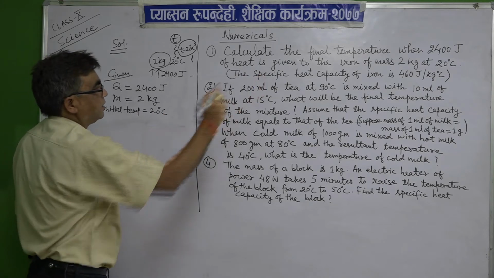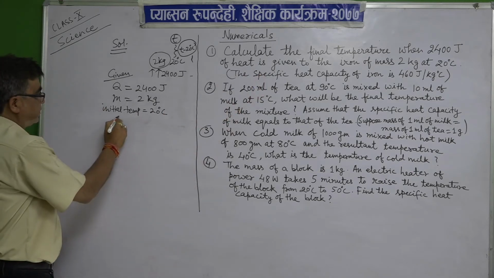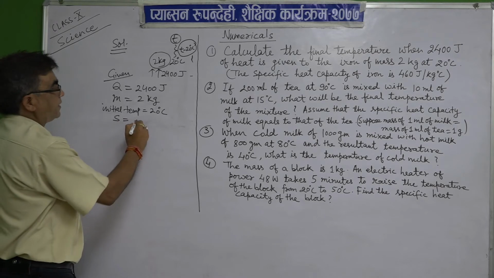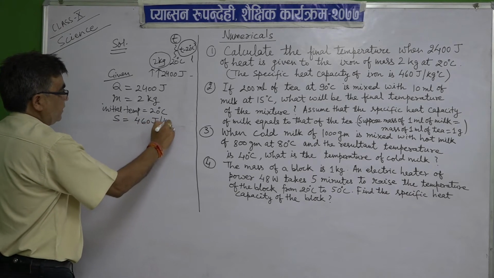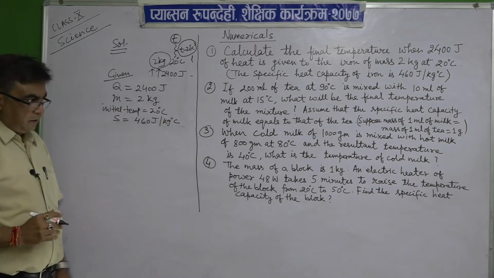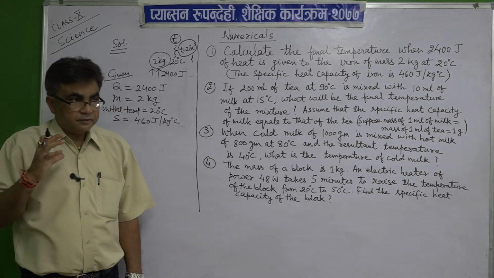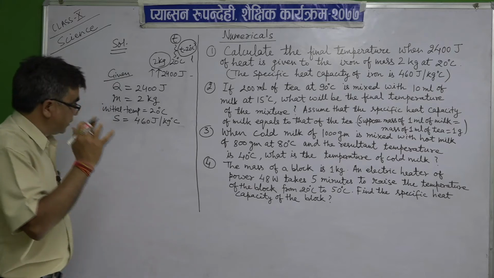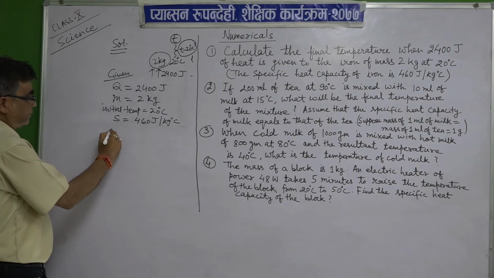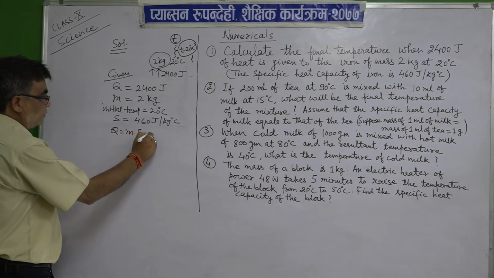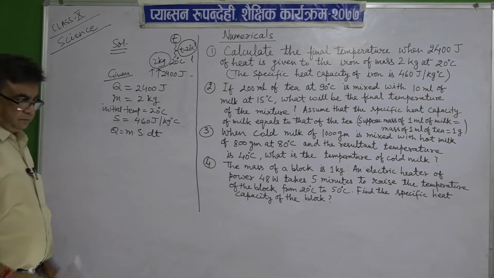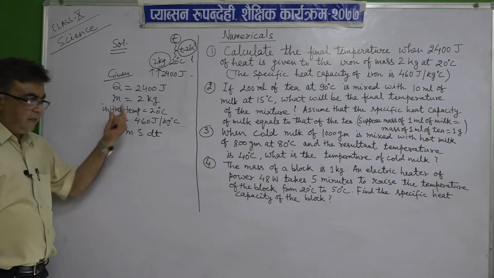Specific heat capacity of iron is given as 460 joules per kg degree centigrade. So, what is the heat equation? We know that Q equals M into S into dt. Now, look at what the given things are.